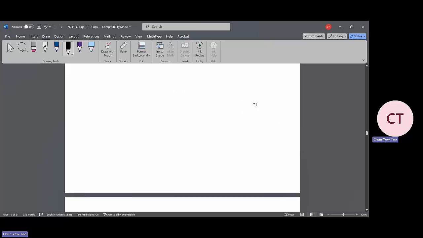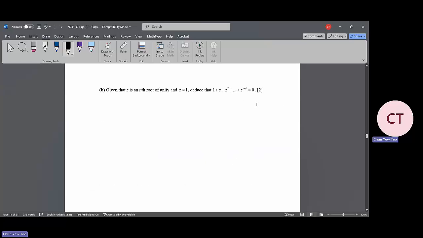So now we move on to number 5B. They given that z is an n-th root of unity. The meaning of n-th root of unity is z to the power of n is 1. And we want to deduce that this result is true.